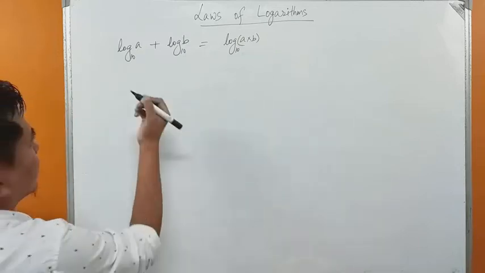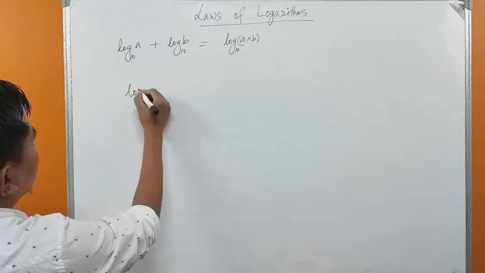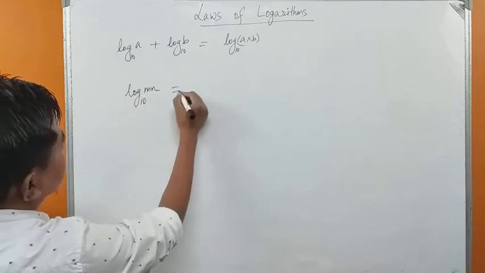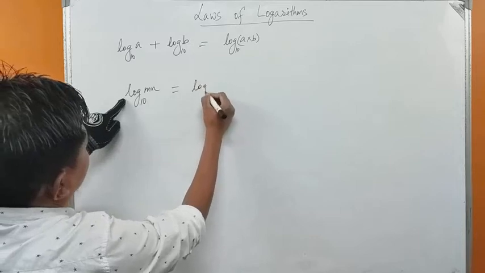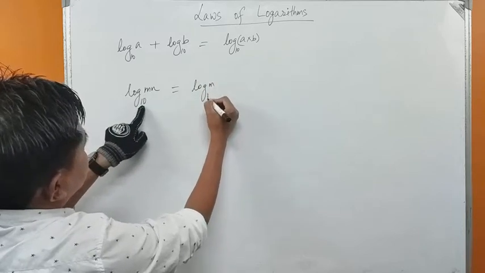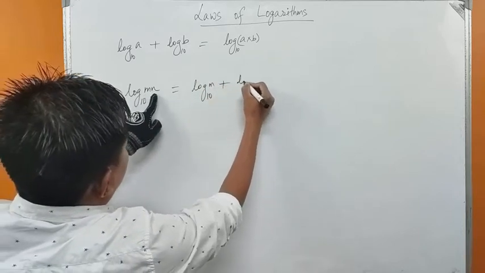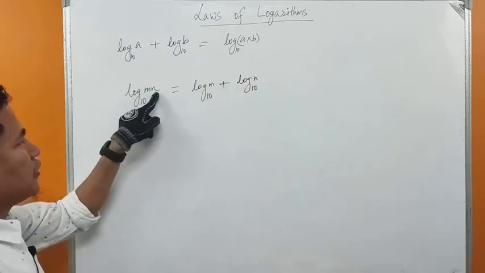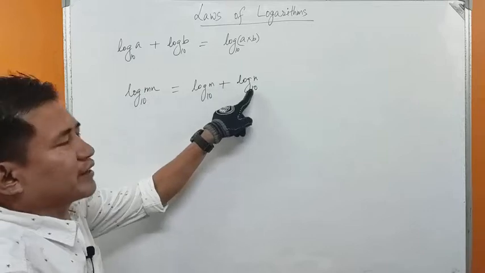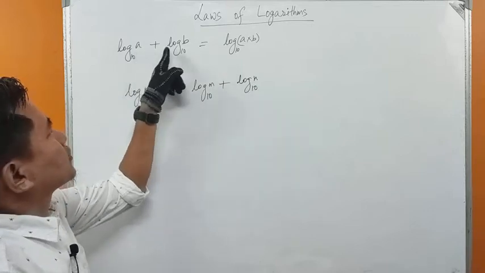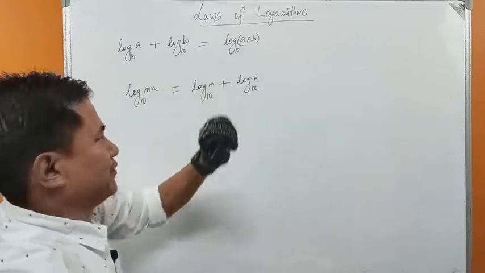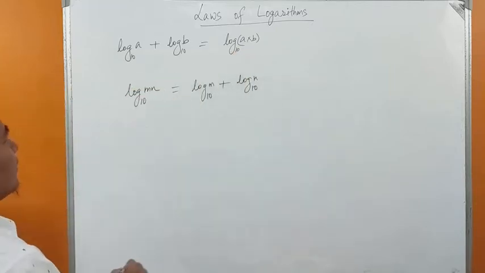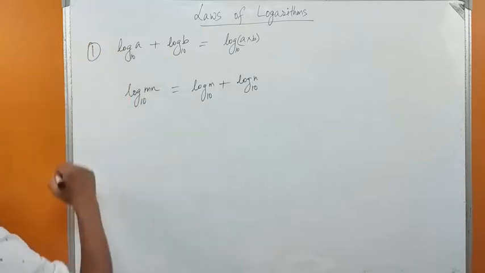And the reverse is also true. Log mn to the base 10 can be written as log m to the base 10 plus log n to the base 10. Multiplication can be converted into addition form, and addition can be converted into multiplication form. The same thing, just the reverse one. So this is the first law.